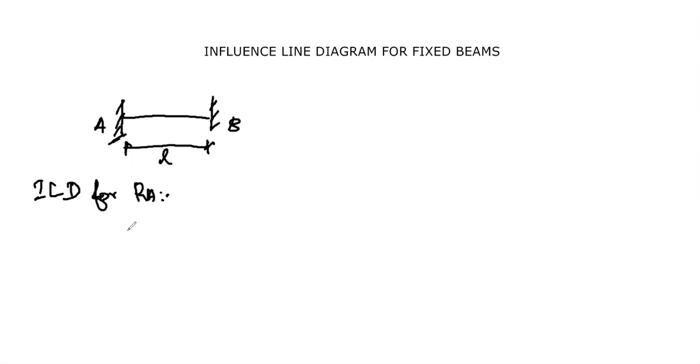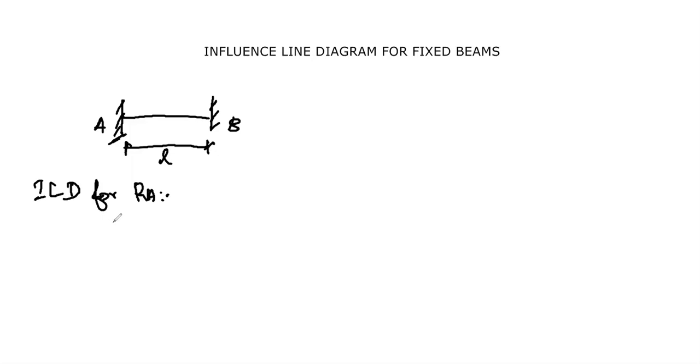Now I am going to remove the reaction carrying capacity at point A. It cannot be removed easily since this is a fixed support, because it carries both reaction and moment.